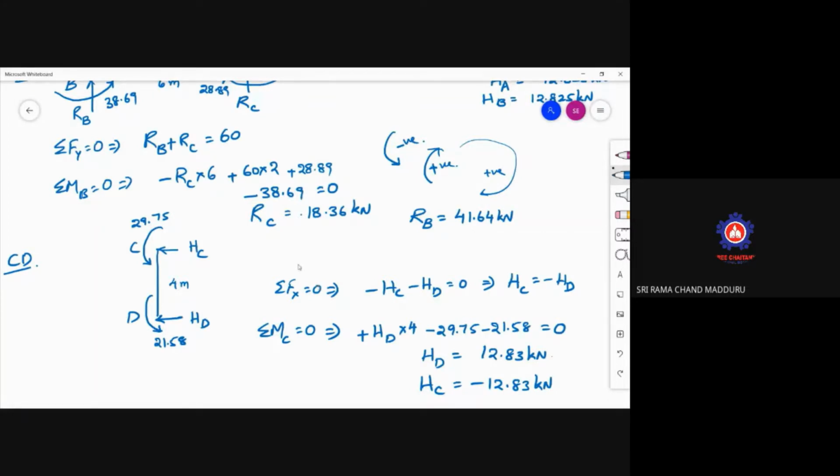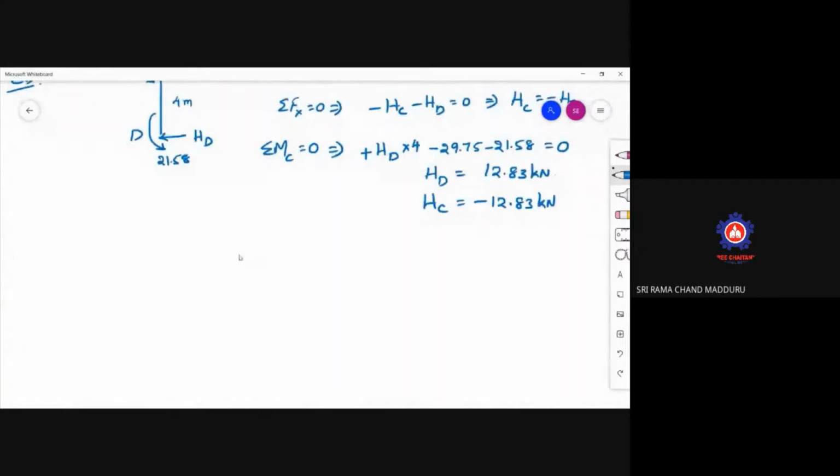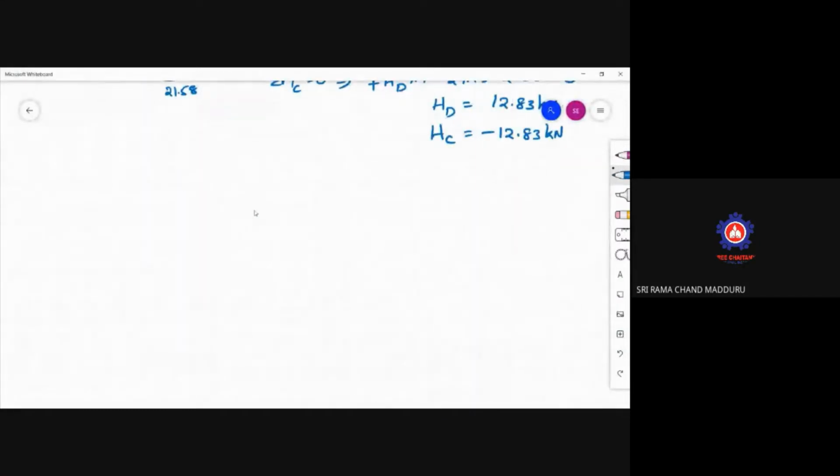So now we will draw the shear force diagram with the obtained values. First of all, the shear force diagram. While drawing the shear force diagram, I am drawing the reference in the portal frame also.